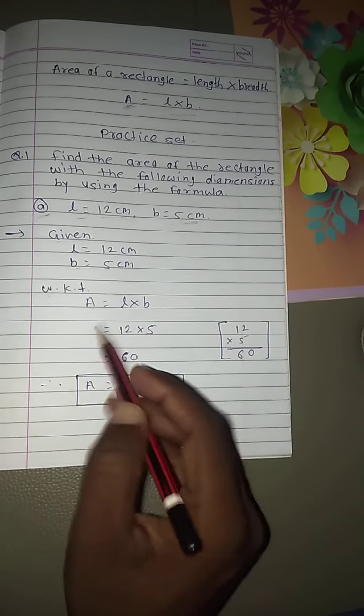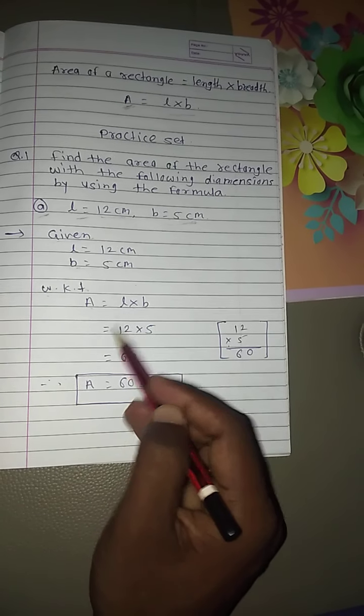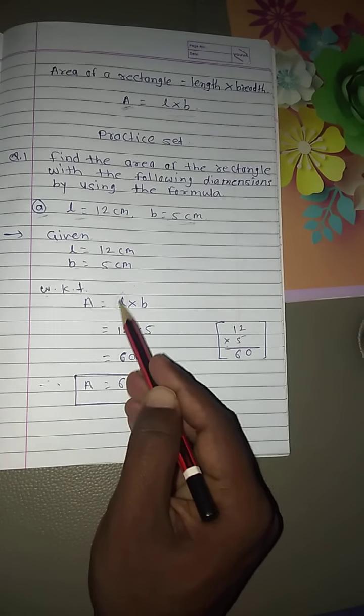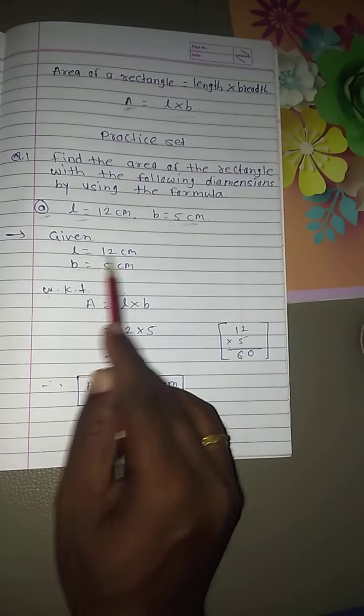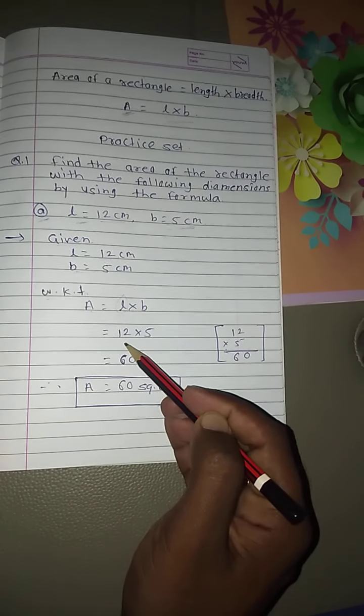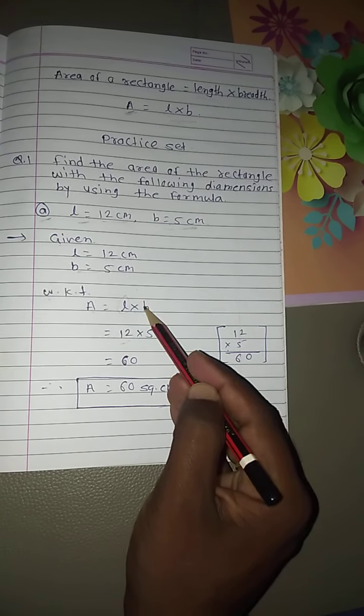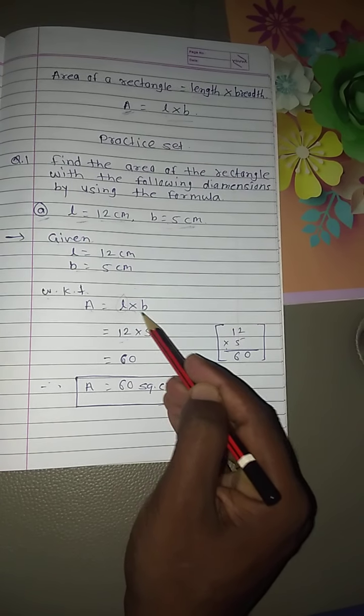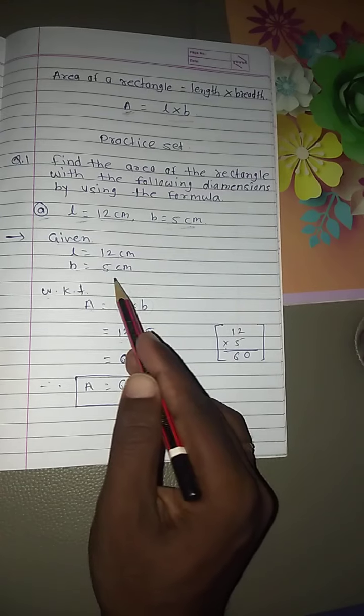Now, instead of L we are going to put the value 12, as it is already given. So instead of L I'll write 12 multiplied by, instead of B we write 5.